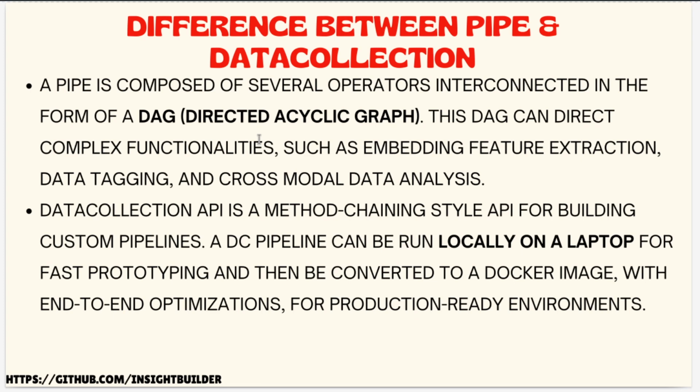In that way, you can do multiple parallel processing also. Yes, you can do the same thing in the data collection API, but in the case of pipe, this implementation is much better. I'm not going into the nitty-gritty details of how pipe or data collection is implemented.